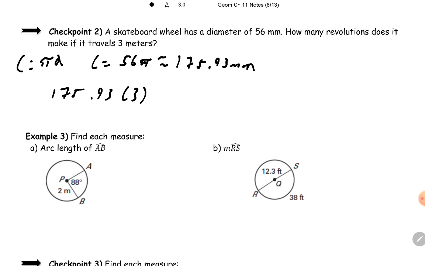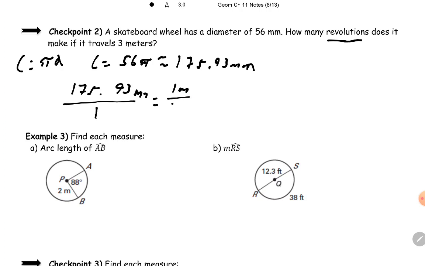Oh, wait. No, they're asking for how many revolutions does it travel in 3 meters. Okay. So first thing we're going to do is we need to convert this 175.93 millimeters into regular old meters, because 1 meter is 1,000 millimeters.